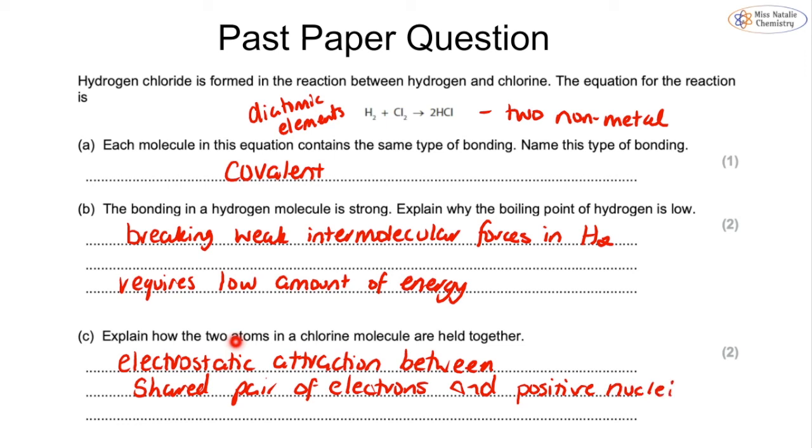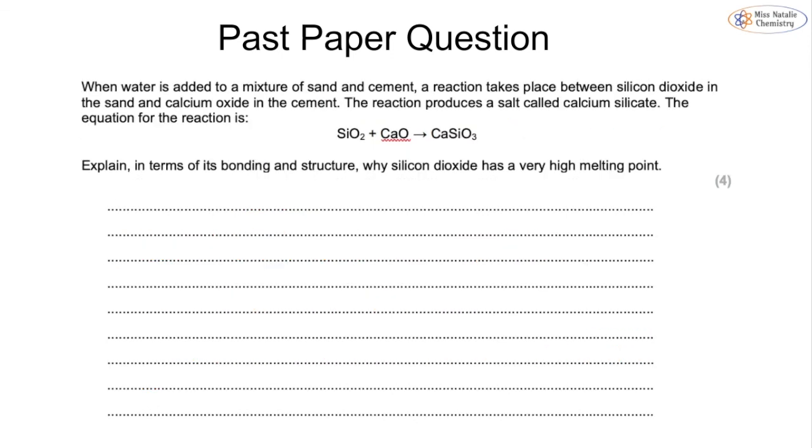And you could even draw a diagram if you wish. You could show that you have this overlap with our positive nucleus and our shared pair of electrons. But it's that electrostatic attraction that holds the atom together.